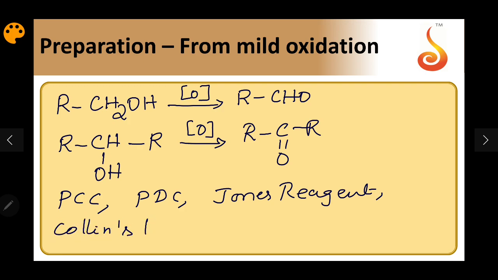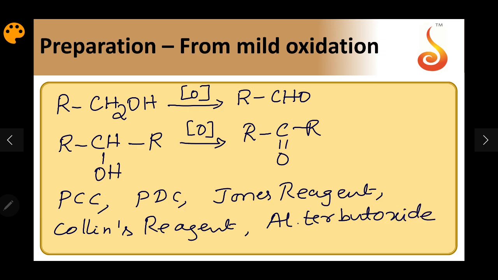Collins reagent, CrO3 in CH2Cl2, aluminium tertiary butoxide. This is Oppenauer oxidation. We can also take metallic copper at 573 Kelvin. This is dehydrogenation. So these are the reagents possible for mild oxidation of alcohols.